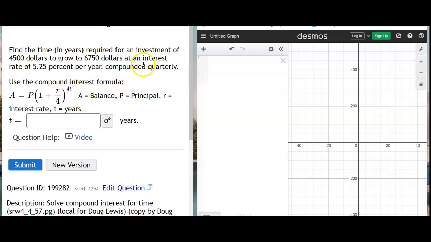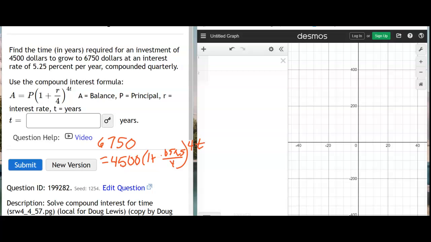So let's go ahead and write what that equation would look like. That's going to be 6,750, and that is supposed to equal the principal, the 4,500, times 1 plus 0.0525 over 4, to the 4t power.